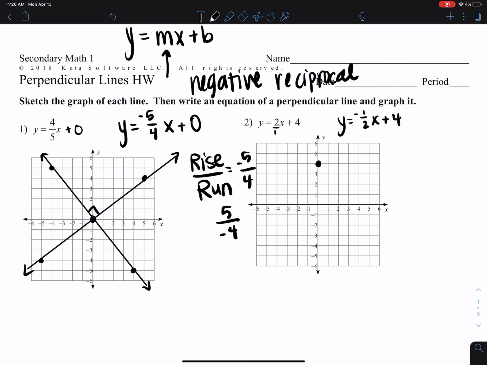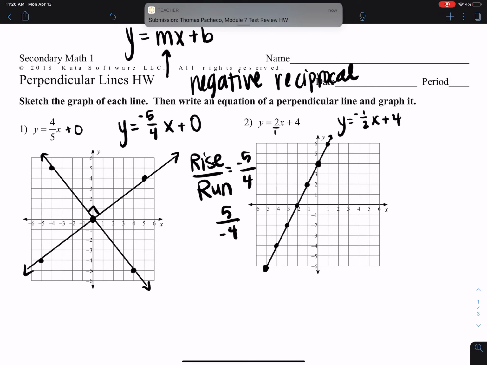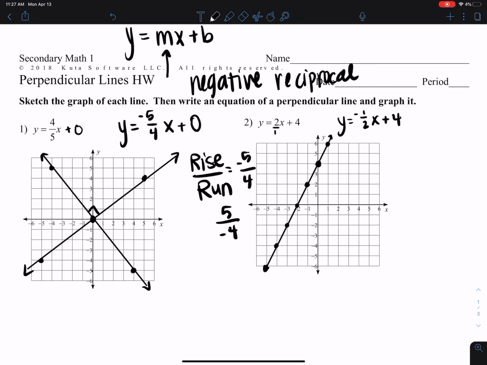For our first line, we have 2/1. So I'm going to go up 2 and then to the right 1, or we can go down 2 and left 1. So these would be our points right here. And then for our perpendicular line, we have our y-intercept of 4, and our slope is -1/2.